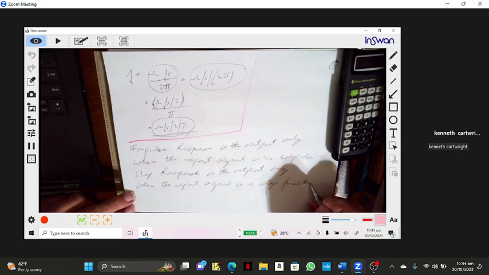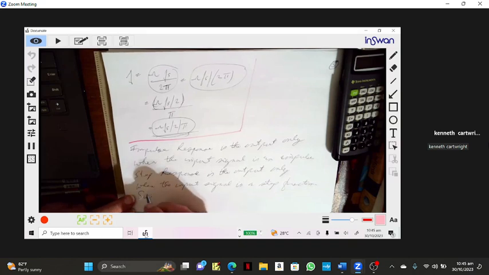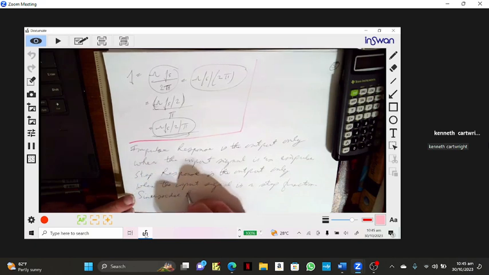See how easy that is? I first taught you that in 320. What's the sine response? What's the sinusoidal response?